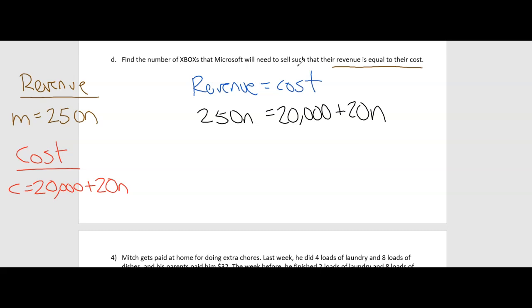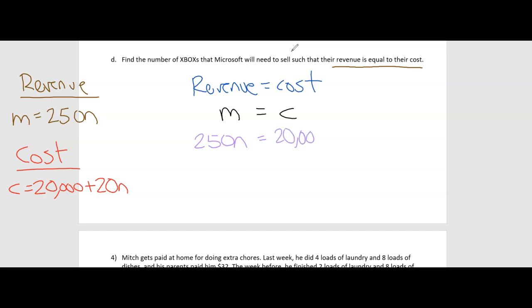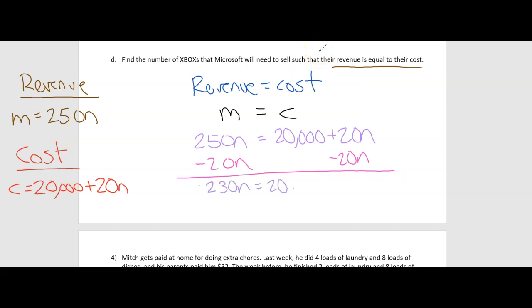There's actually one more line you could put in here if you wanted to, just to show the relationship, right? Revenue is M, cost is C. So M is equal to 250N. C is equal to 20,000 plus 20N. And this is a very easy equation to solve, because it's already one variable. So I'm going to get 230N is equal to 20,000.